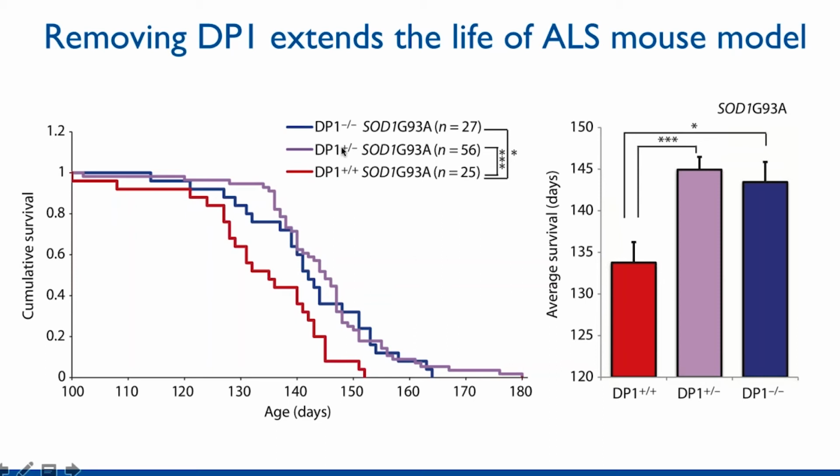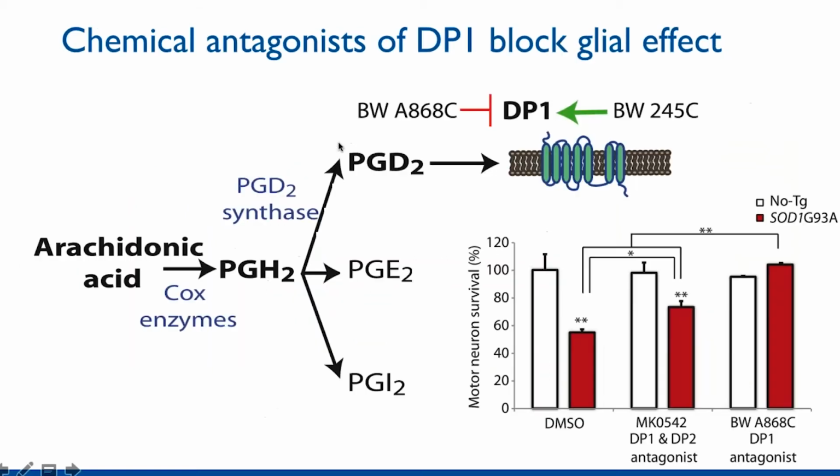And so we think that DP1 is actually a really interesting therapeutic target in ALS. The main complication in taking this kind of therapeutic approach forward has been that even though there are very potent molecules that block this receptor, all of them were designed in such a way that they don't get into the brain. And now our goal has been to go on to try to develop a DP1 antagonist, which is brain penetrant, and so that might be relevant to ALS patients.